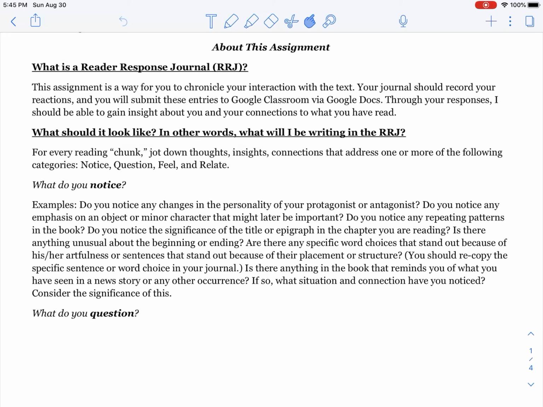Any repeating patterns? Is there a title or an epigraph or a subtitle that is recurring or is new that is significant? So I'm not going to read all of those to you, but those are all within the notice category. Those are all things that you can use as ways to start your writing if you're doing a notice category reader response journal.